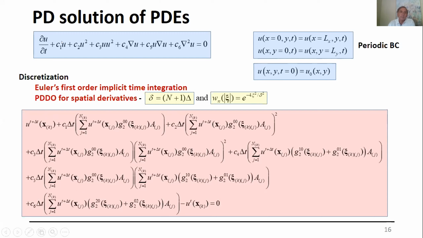For example, here we have the field itself. It's the 0th order derivative, the peridynamic representation. And here you have the divergence of the field variable, for example. It's associated with C5, and it's multiplied with the field variable. So you have the field itself, U, 0th order derivative, and you have the first order derivative with respect to x1, first order derivative with respect to x2, right? So my unknown here is this u at t plus delta t.